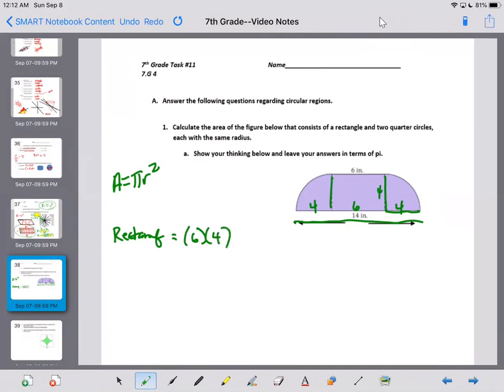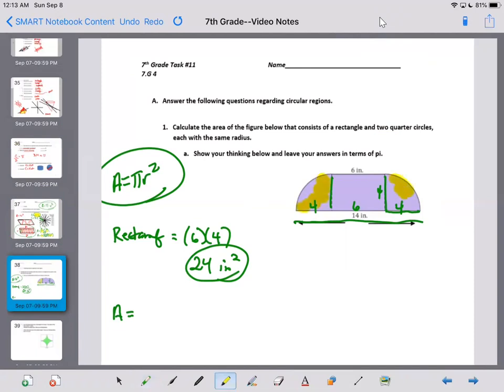And that's going to be 24, and we're dealing with inches, so that'll be 24 square inches as the rectangle. Now, the area of a circle, remember, is pi r squared. Well, we don't have a full circle. Matter of fact, we have 2 quarters, and 2 quarters would make up half of the circle. So we've got half of pi times the radius squared.